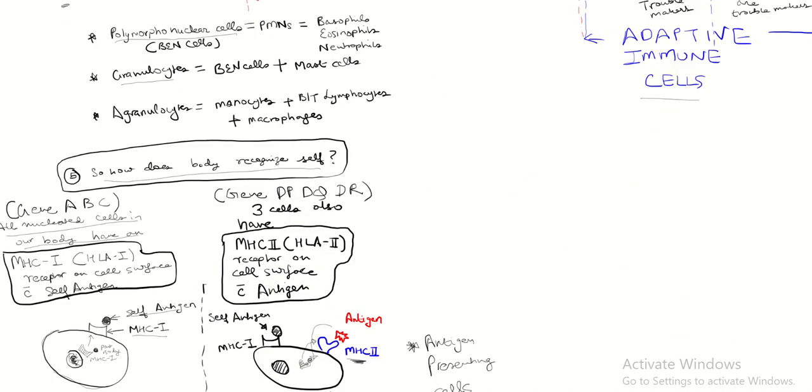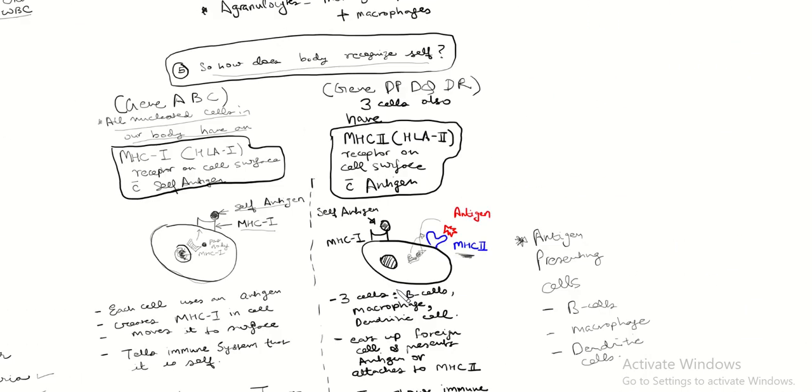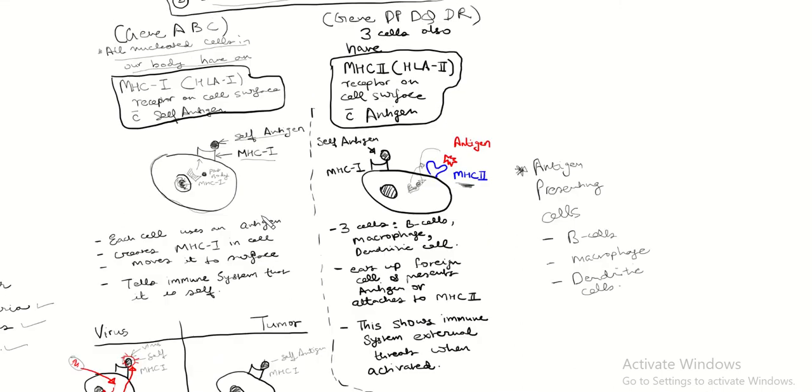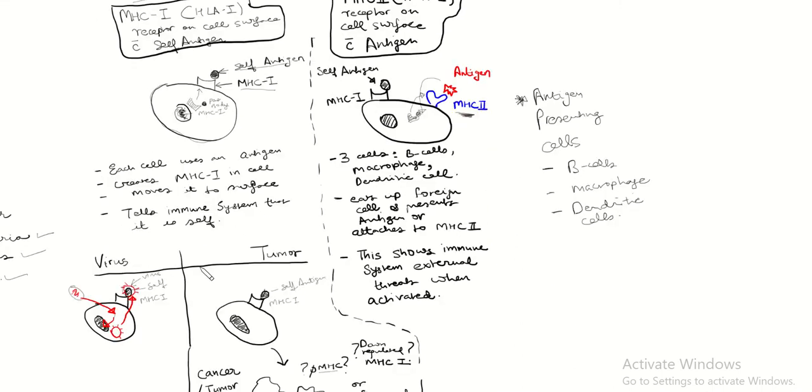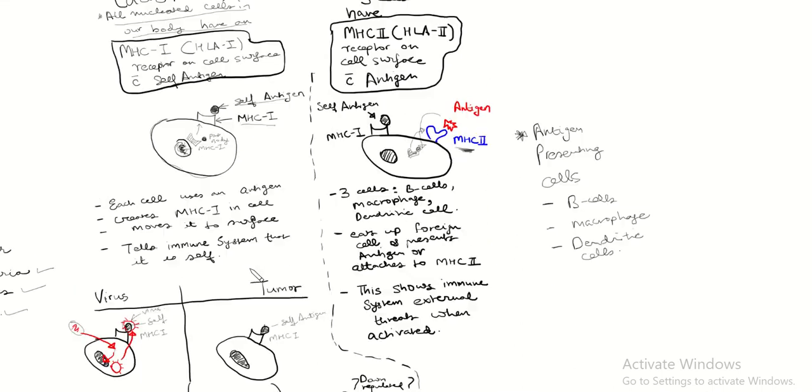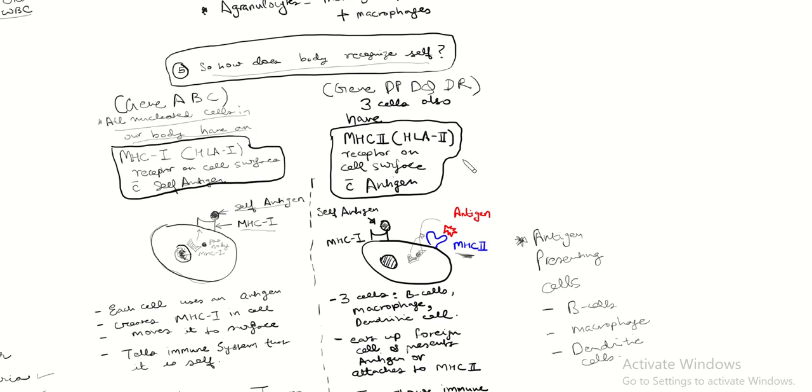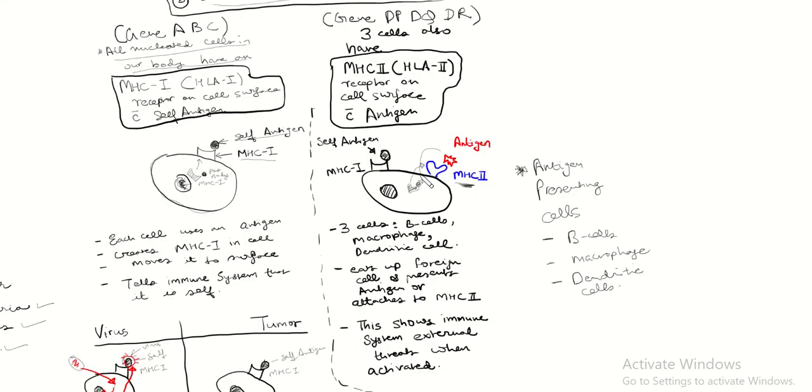And then finally, we talked a little bit about how the body recognizes itself, which is the MHC1 receptors, and how it is attached to self-antigen, and how when viruses and tumors come in, they change it. And then we have MHC2 for 3 cells, which are the antigen-presenting cells: B cells, macrophages, and dendritic cells.